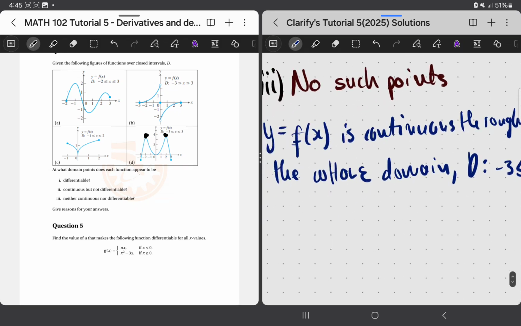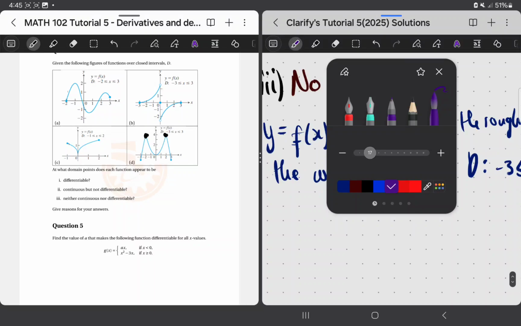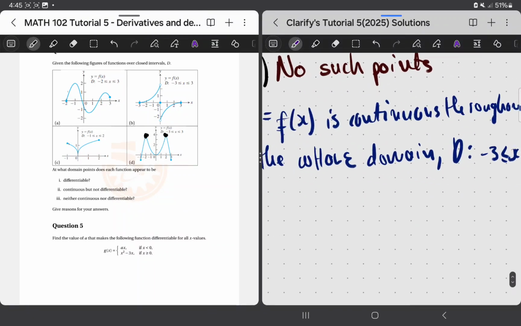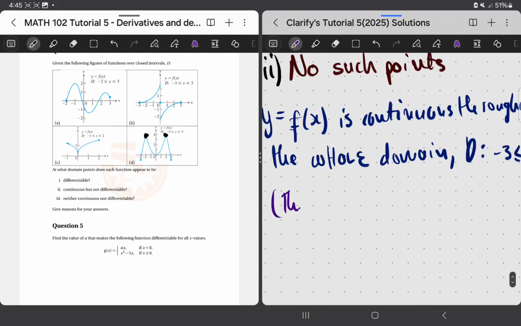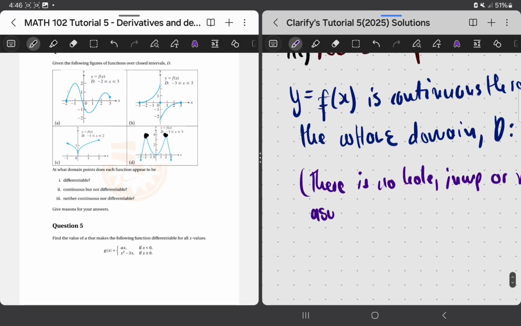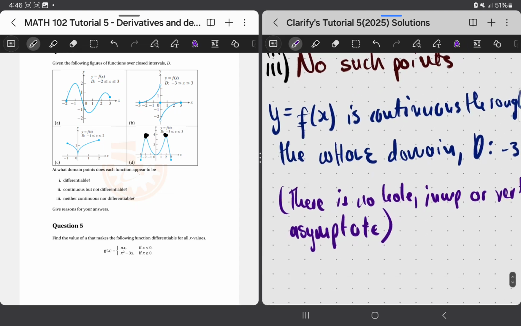Why is it continuous throughout the whole domain? There is no hole, jump, or vertical asymptote. So this just means there is no point where you find it being not continuous and not differentiable.